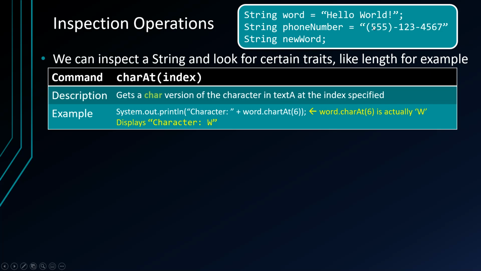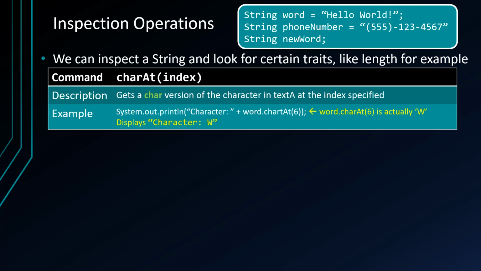It's the capital W, which is why that is what will get displayed on the screen. That's all that command does, char at. So the name of your variable, dot, char at. Most of these methods are going to work the same way: the name of our variable, dot, and then the name of the method. That one's a pretty easy one.